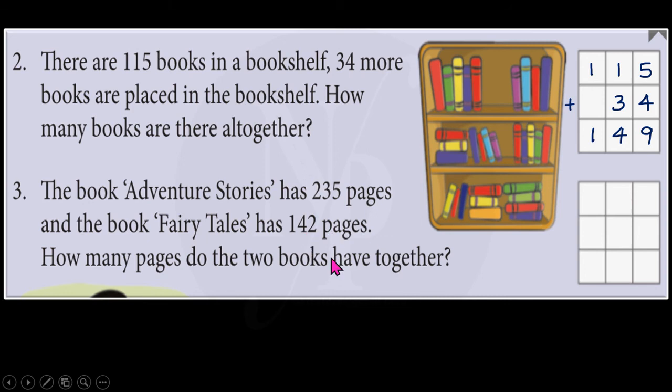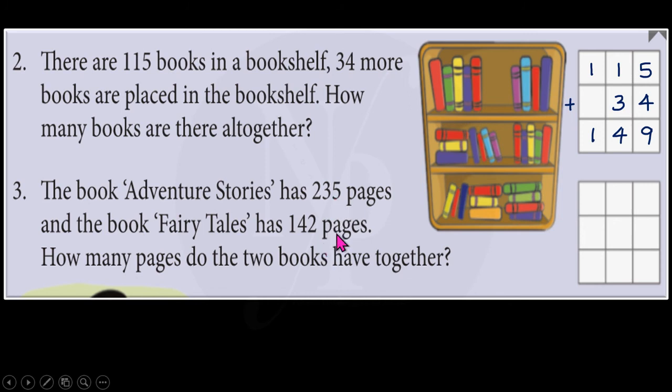So here the number of pages in two books are given. The first book, Adventure Stories, has 235 pages in it, and the other book, Fairy Tales, has 142 pages in it. So we should find the total number of pages in these two books together. To find the total number of pages, we should add these two numbers.